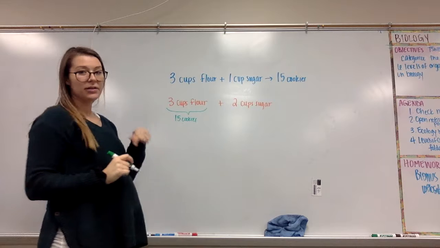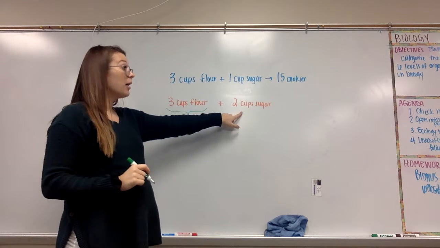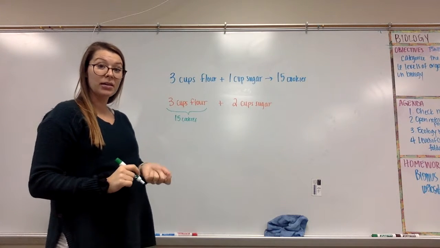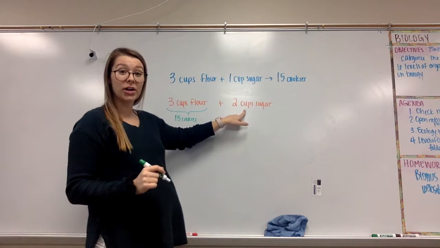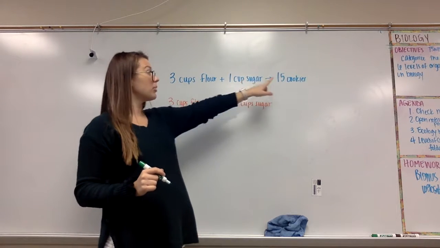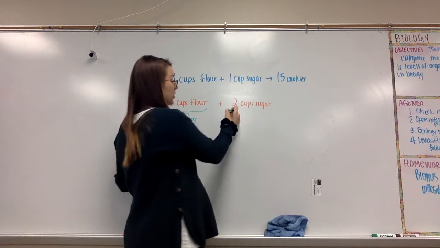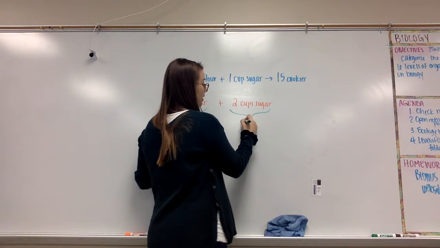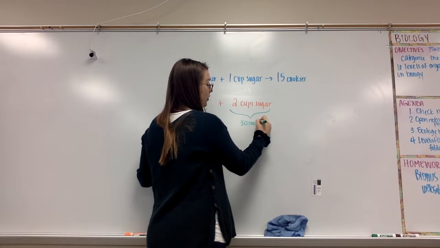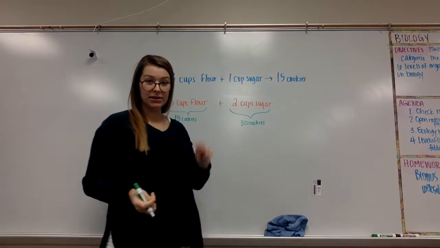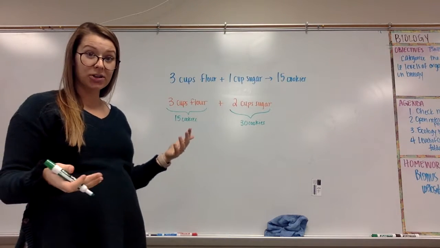How much is 2 cups of sugar going to make? If 1 cup of sugar makes 15 cookies, how much is 2 cups of sugar going to make? 2 cups of sugar should make me double that, so 30 cookies, right? Because it's going to double my recipe if I have twice as much sugar.